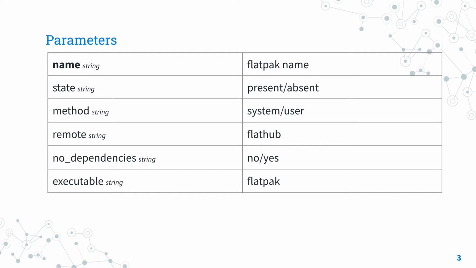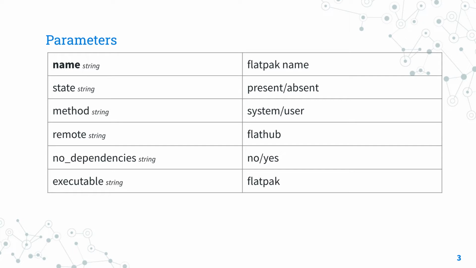The parameter state specifies if you would like to perform the install action, option present, or the remove action, option absent.